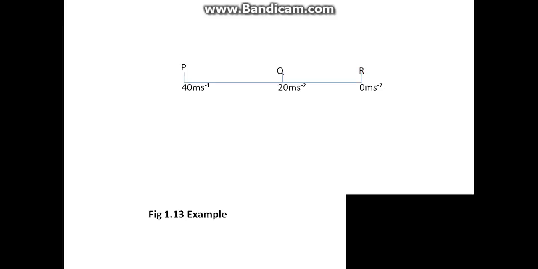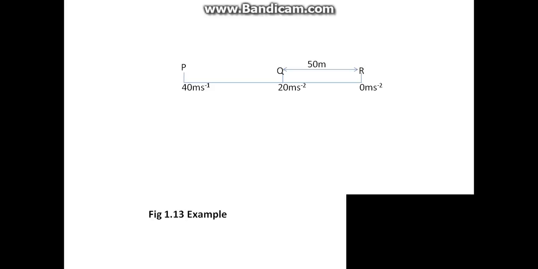Then when it is at R, it comes to rest with 0 meters per second. Then we are given the distance from Q to R as 50 meters, and we are asked to get the distance from P to Q, the time from P to Q, and the time from P to R.